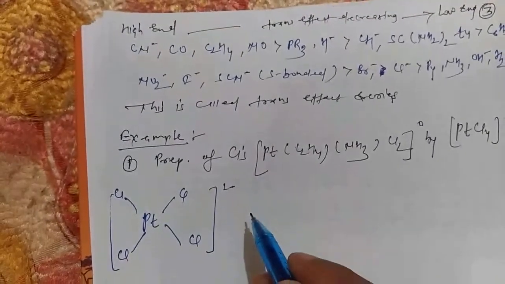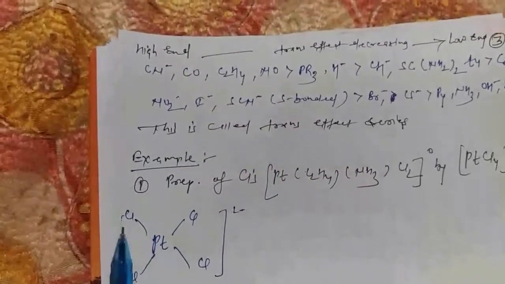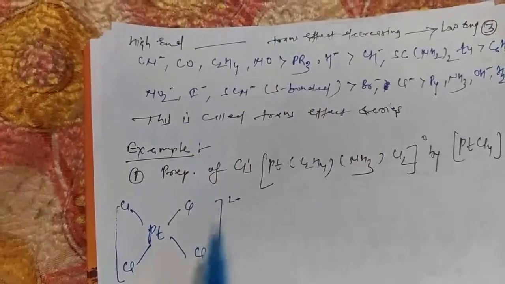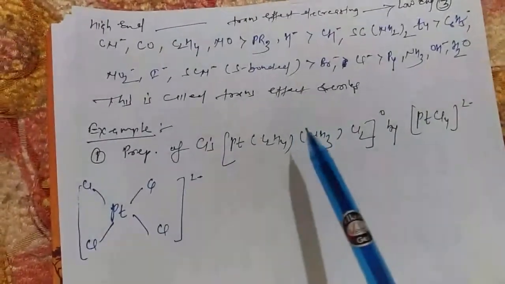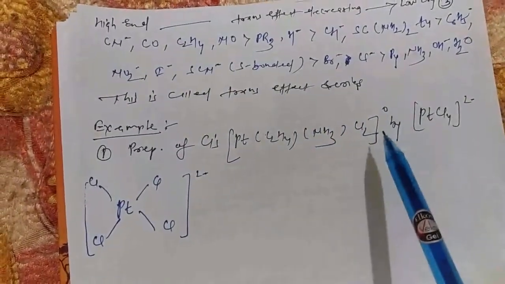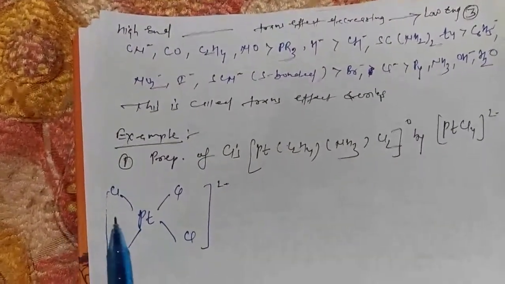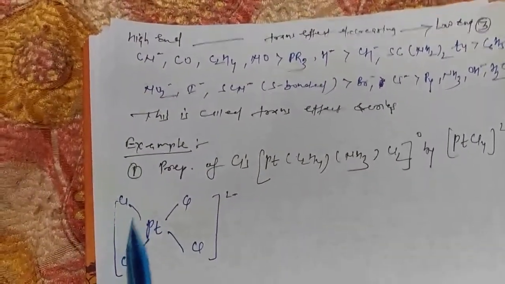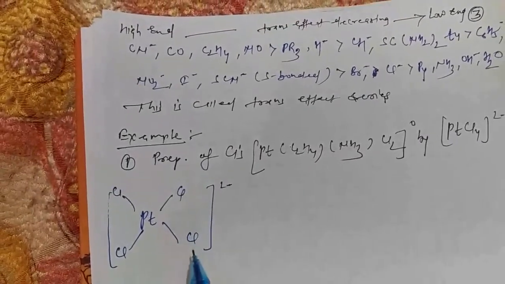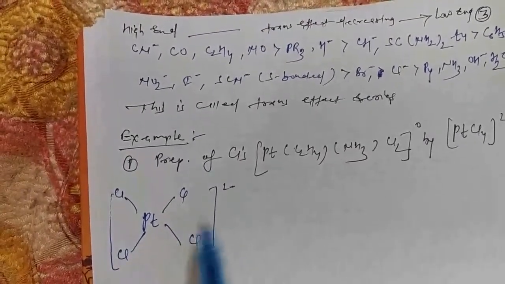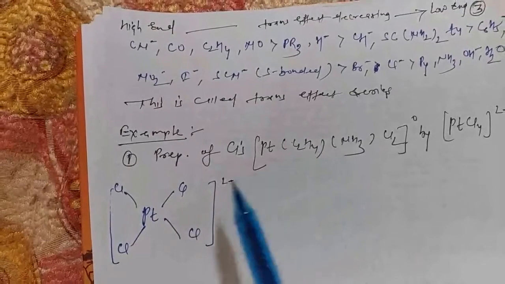Cis isomer means that, as you can see, any two of the Cl will be at cis positions, either at this position or at this position. So you only have a choice in replacing NH3 and C2H4.